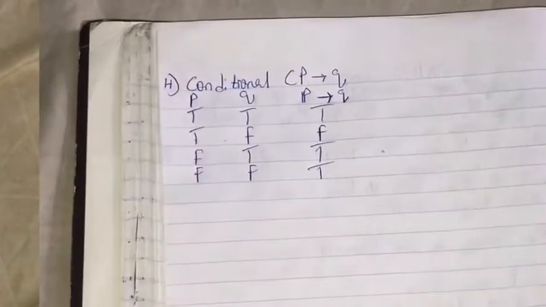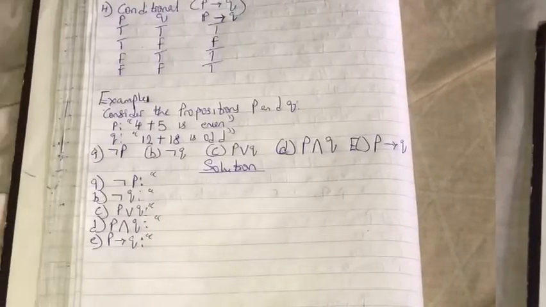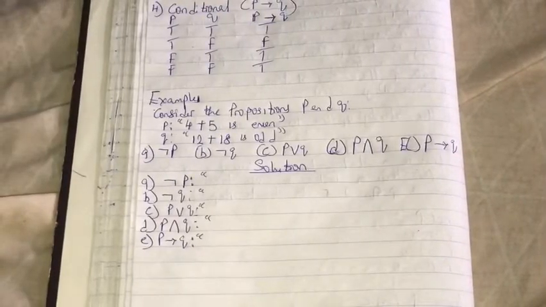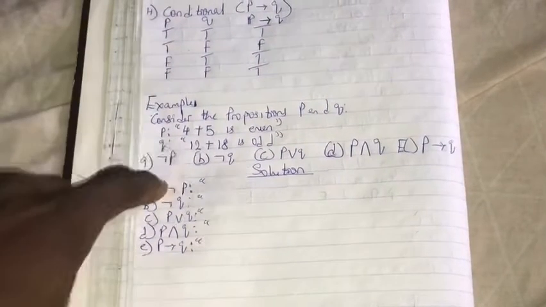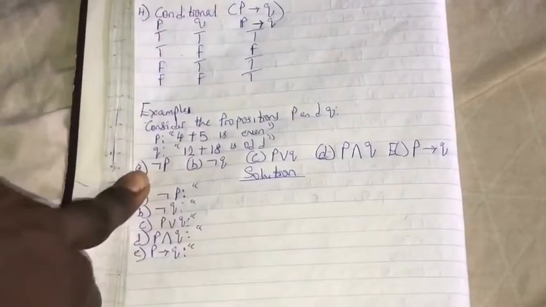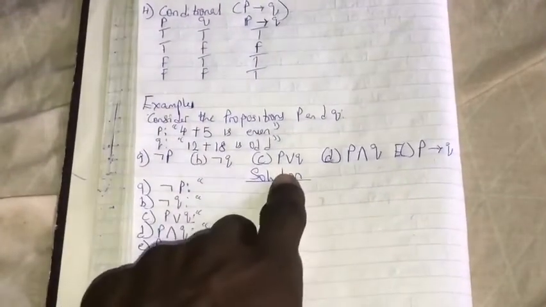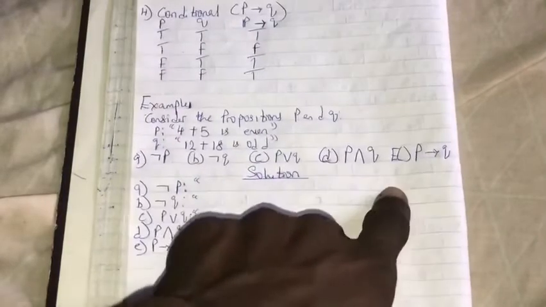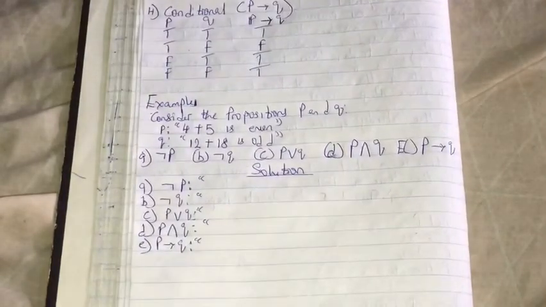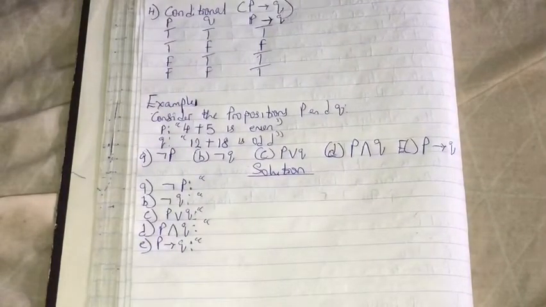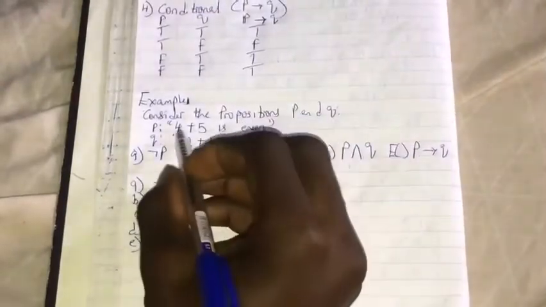If you have a question on this, ask. So this is an example for you guys. Consider the propositions P and Q. P: 4 plus 5 is even. Q: 12 plus 18 is odd. You are told to express in English sentences: not P, not Q, P and Q, P or Q, P then Q. The first step in solving this is to know that P is false, because 4 plus 5 is 9, therefore it's not even.